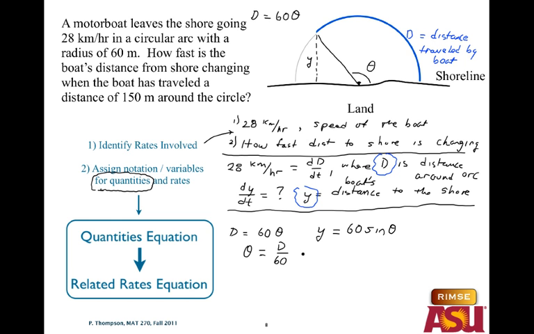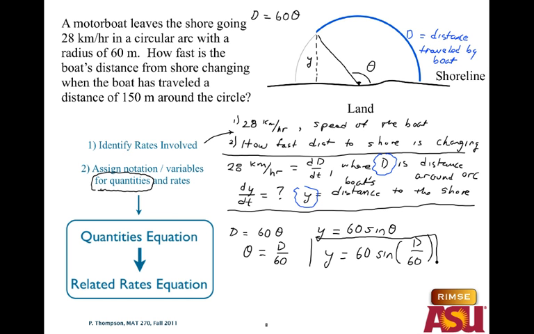And if theta is D over 60, then I can replace it there, and I get y equals 60 times sine of D over 60. So there's my quantities equation. I've just related the distance D with the distance y. Got my equation that relates y and D.